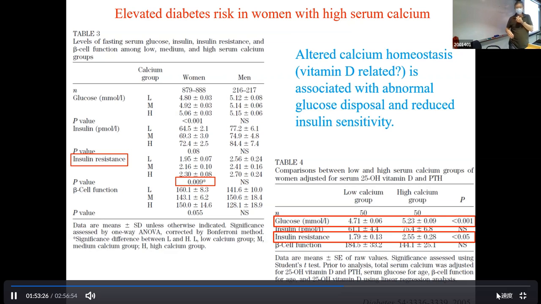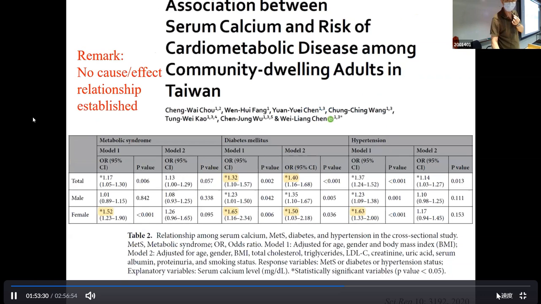Now, you think that this is a single case report? In fact, it's not. Over the years, there are many studies reporting this association. We don't know why, okay? But this is one of the recent reports, and this is a Taiwan study. Again, association, okay?